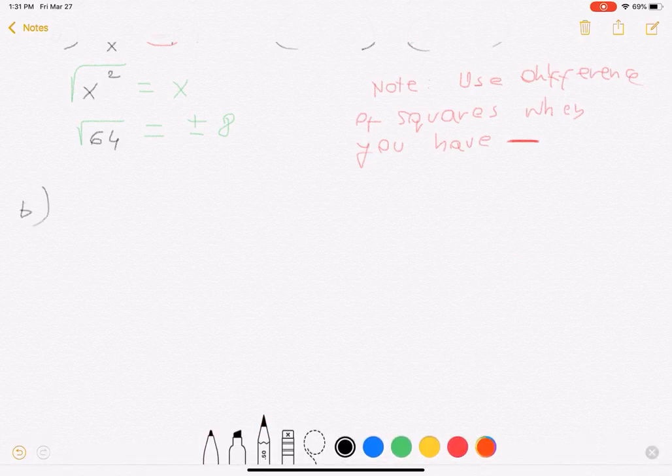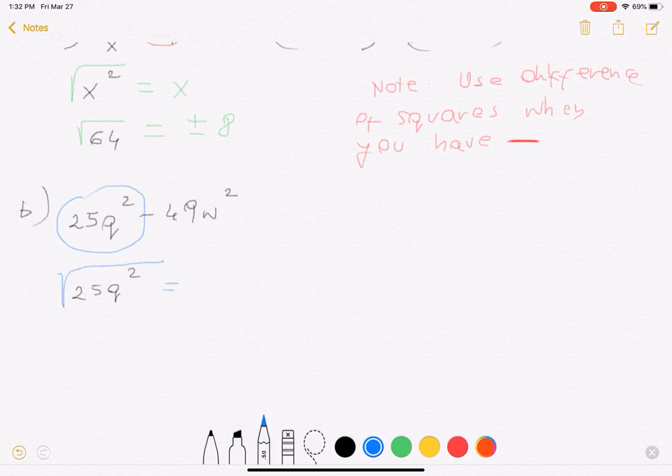Let's use that difference of squares. You have 25 q squared minus 49 w squared. Here you also can use the difference of squares, so what I recommend, take the first expression, that's 25q squared, and just take the square root.